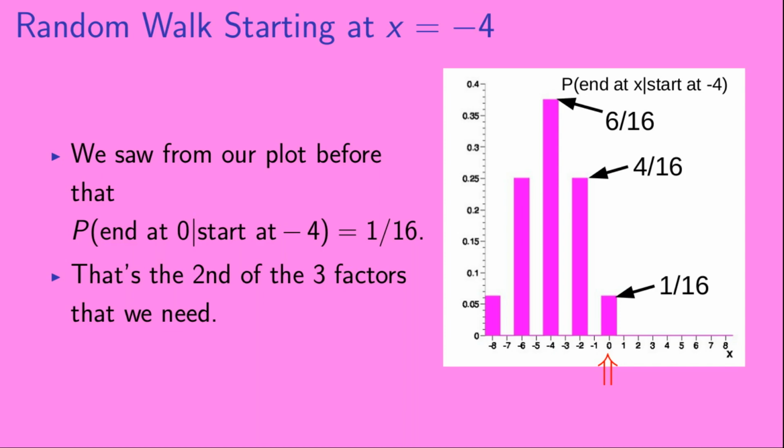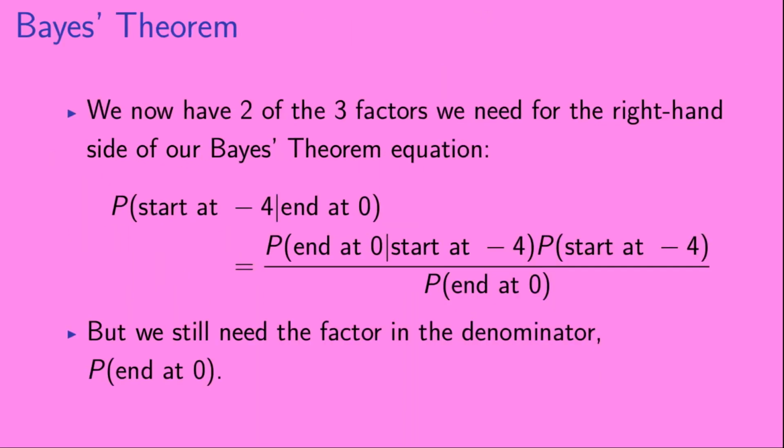That's the second of the 3 factors that we need. Okay, so we now have 2 of the 3 factors we need for the right-hand side of our Bayes theorem equation. But we still need the factor in the denominator on the right-hand side, the probability that the object will end at 0.